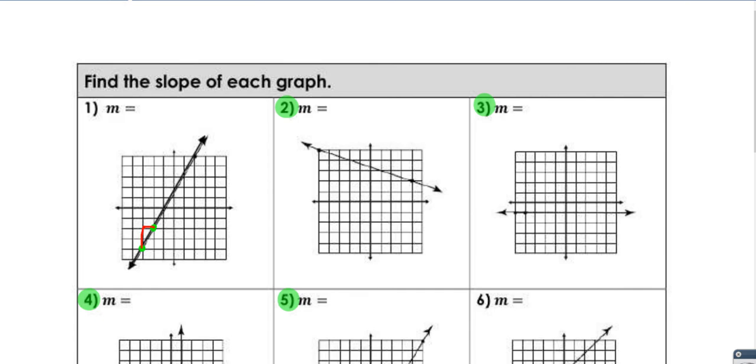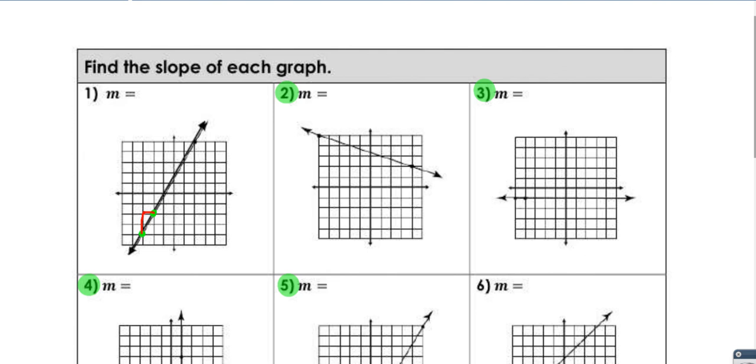Okay, we're going to do one more example together. You'll do 4 by yourself. So now that we have talked about slope, we now are going to be given lines and you have to find your slope yourself. Sometimes the points are not going to be given to you. So we have to look and see, we have to find 2 points that are perfectly crossing at an intersection point.